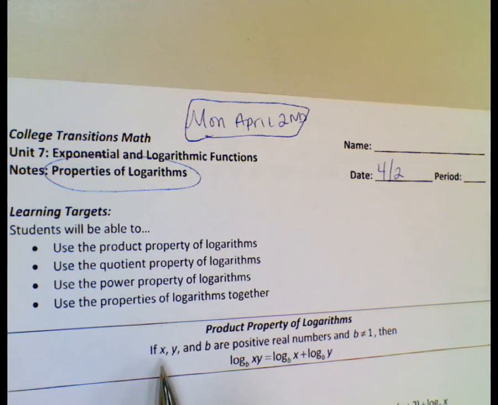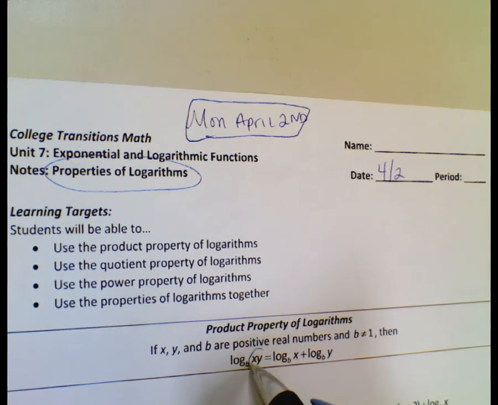It says if x, y, and b, look down here in this problem, b is the base, x, y are factors. If they are positive numbers, and as long as the base b doesn't equal 1, then the following property is true. It doesn't matter how many factors you have. If you have two factors, you will write this twice. You'll write log base b of the first factor, plus log base b of the second factor.